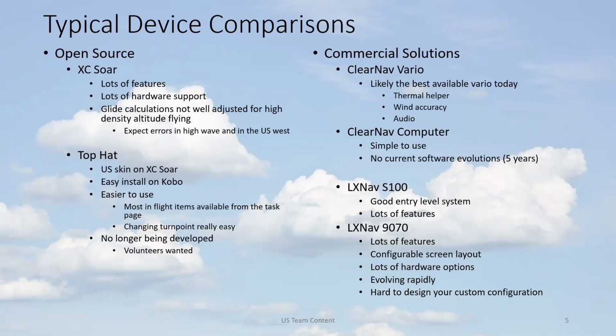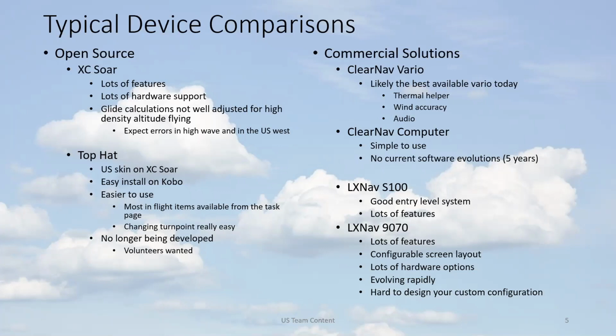They both have issues, I think, with the density altitude calculations. I've noticed huge disparities between what my ClearNav and my LX Nav's final glides say and what comes out of the XC Soar and Top Hat when I'm out in the Rockies.